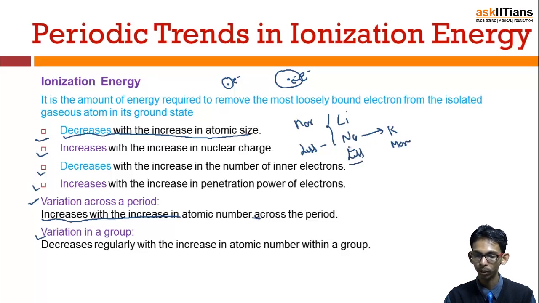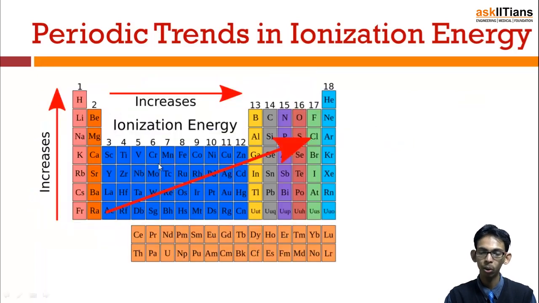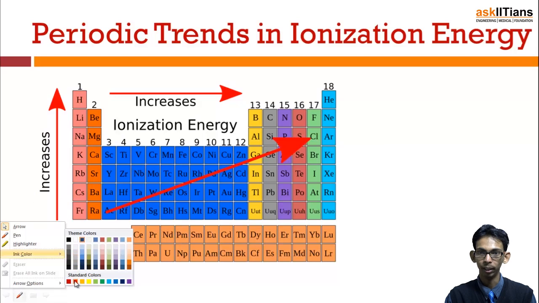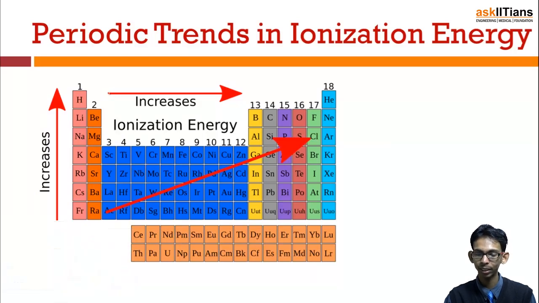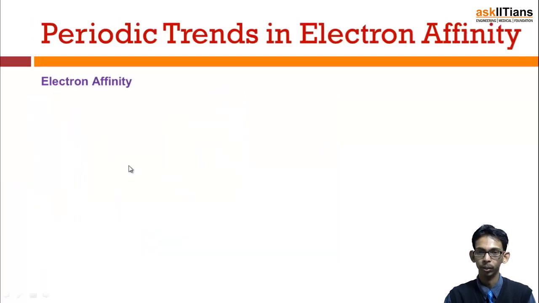So when we move down the group, it decreases. When we move along the period, it increases. This is how ionization energy varies in the periodic table. It increases along the period, it increases when we move from bottom to top in a group, and it decreases when we move from top to bottom in a group.